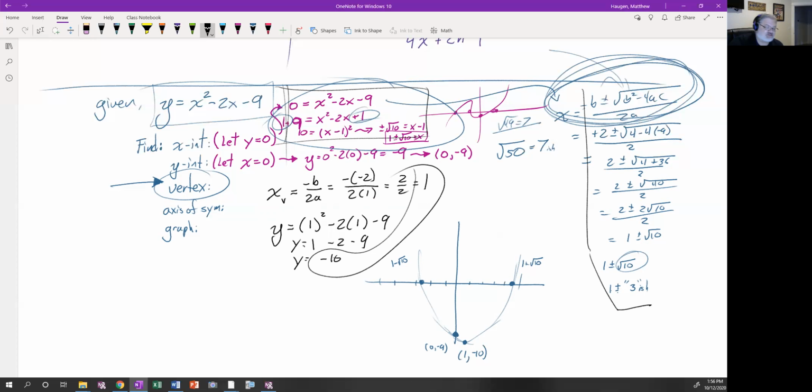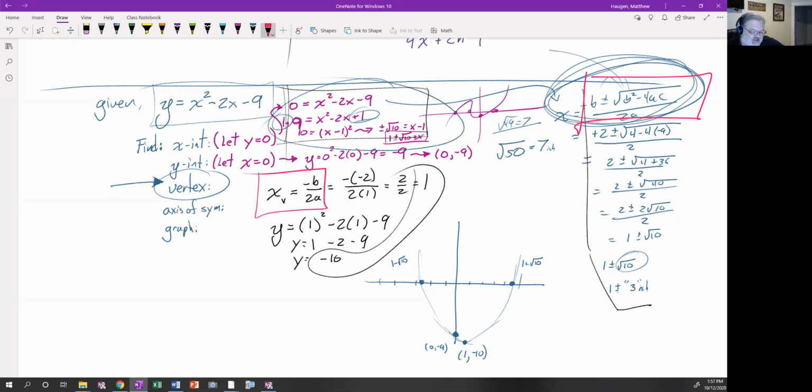In some ways, the disadvantage of the quadratic formula and the vertex formula is that the quadratic formula works for quadratics that are equal to 0, and the vertex formula works for quadratics in standard form, but they don't really work for anything else. Completing the square is effective for all kinds of other tools and techniques.